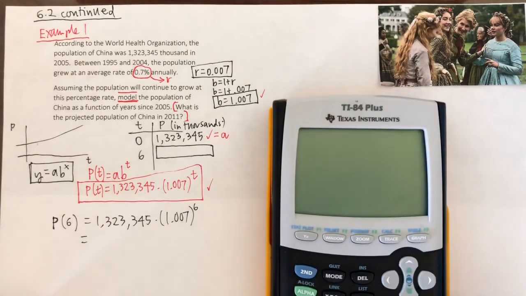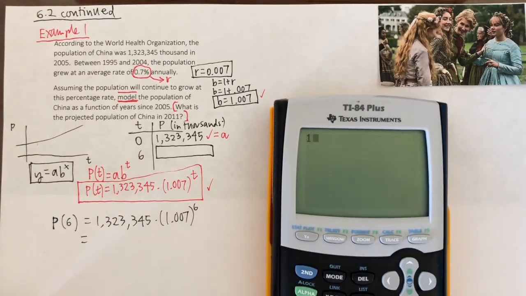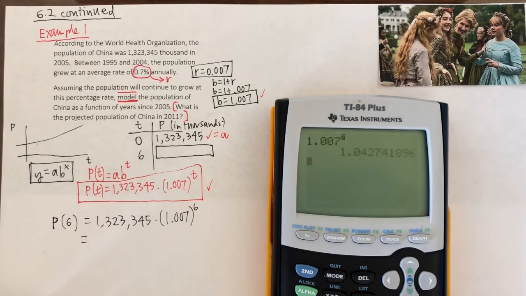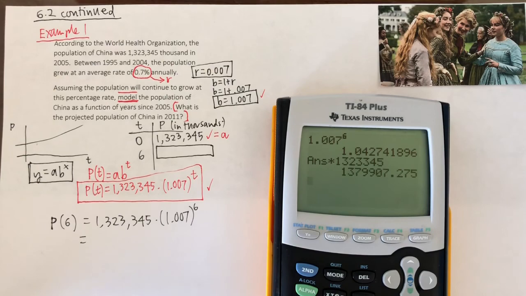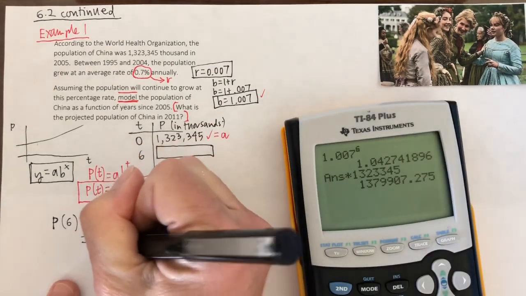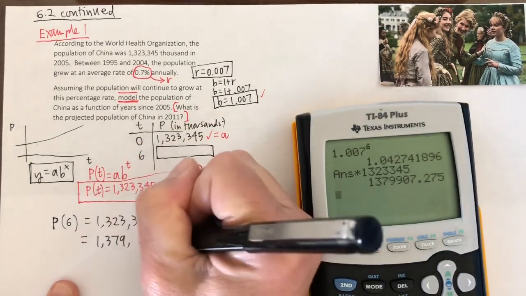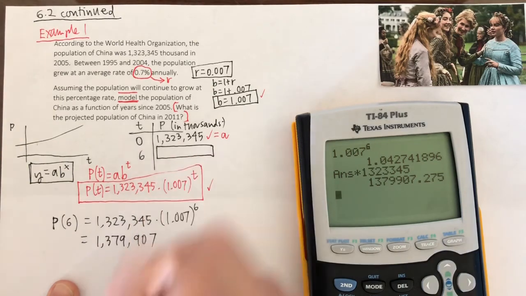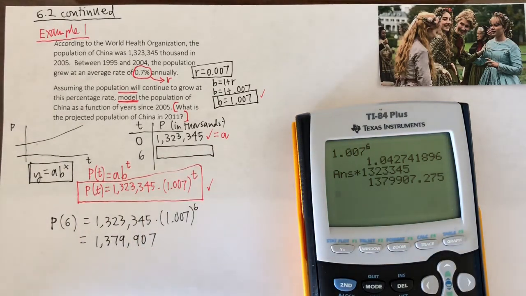And I'll just use my calculator for this. Times 1.3233345. And we'll just round to the nearest whole number since we're talking about population.